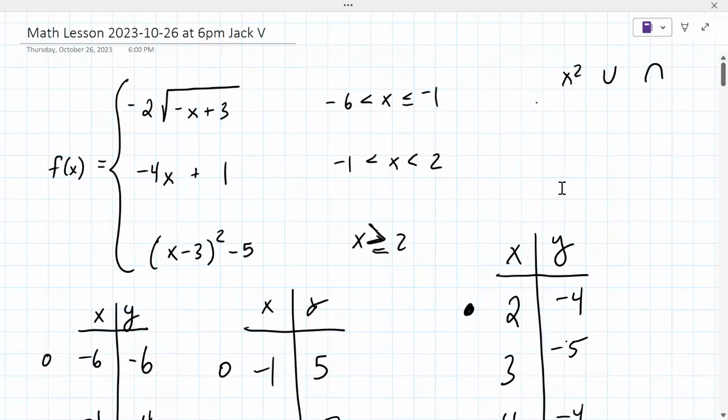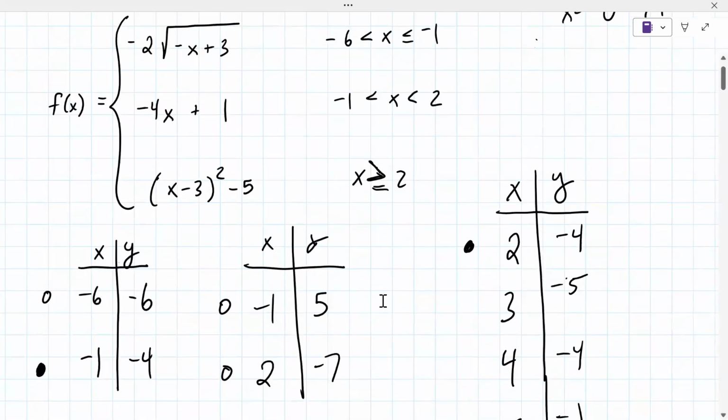Okay, I would agree. On these piecewise graphs, I strongly recommend the table and labeling the points. You've got those rules down. Very briefly, there are like 10 parent functions that you might need to know.